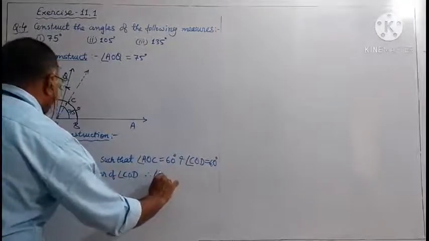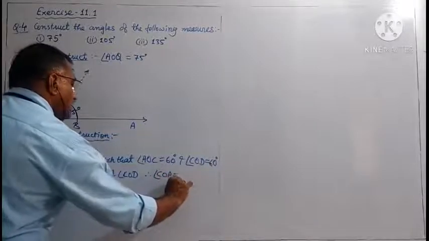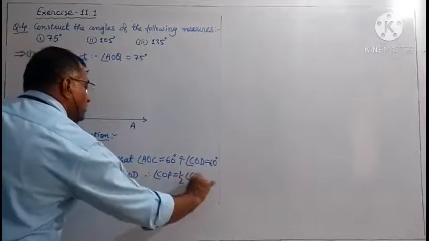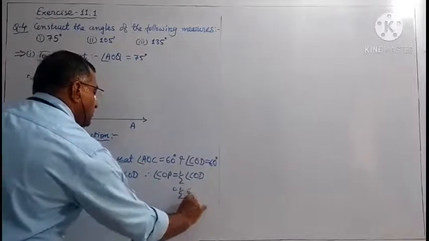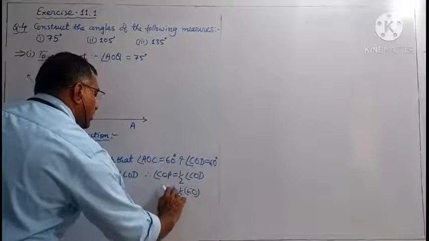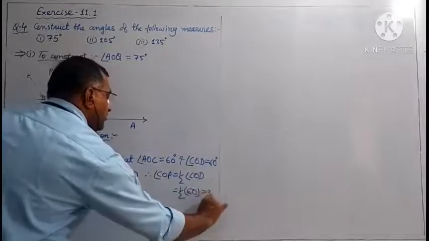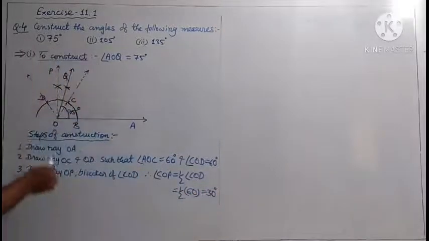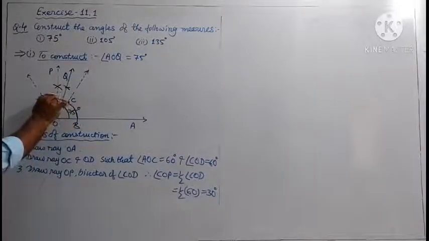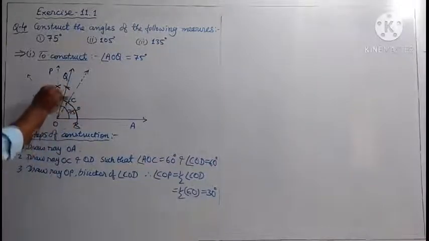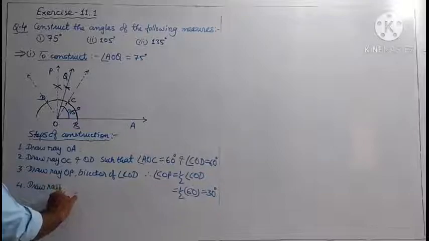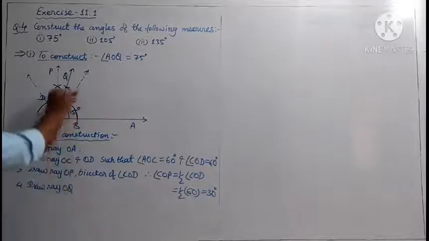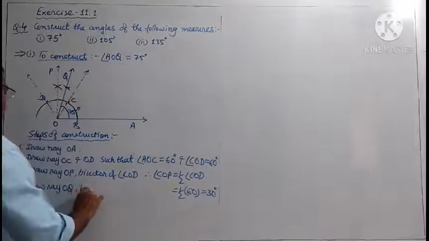Therefore, angle COP is half of angle COD, and that is half of 60, and that is 30 degree. So now this angle COP we got is 30 degree. Now we have to draw another ray. Draw ray OQ. That is also the bisector.